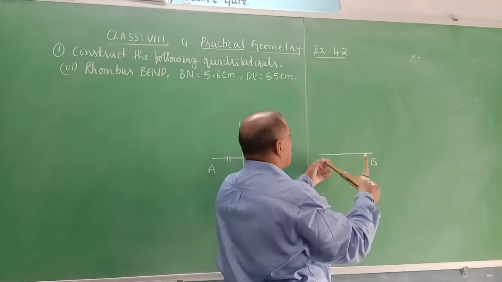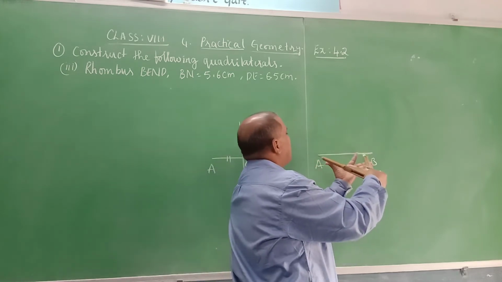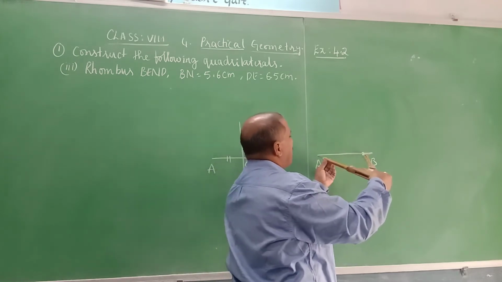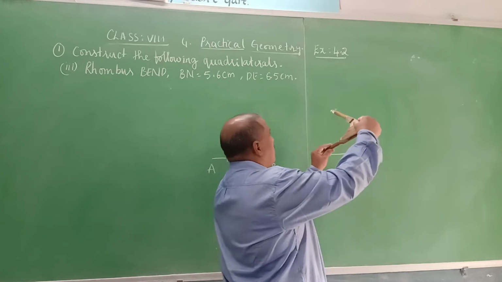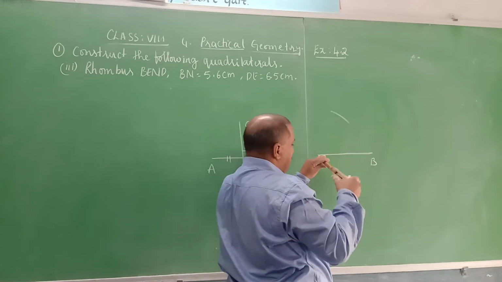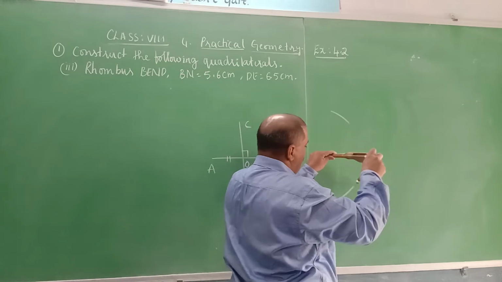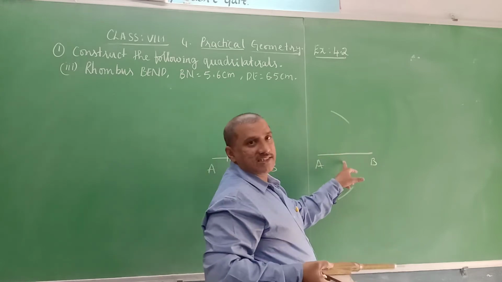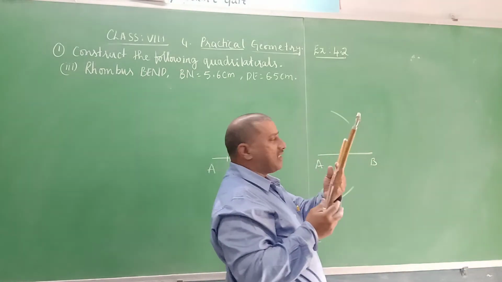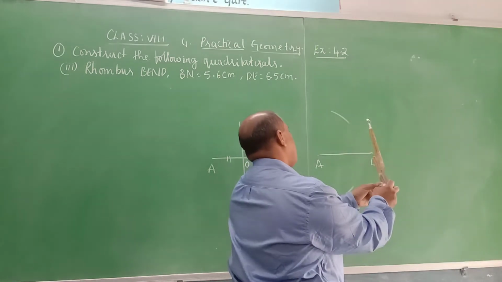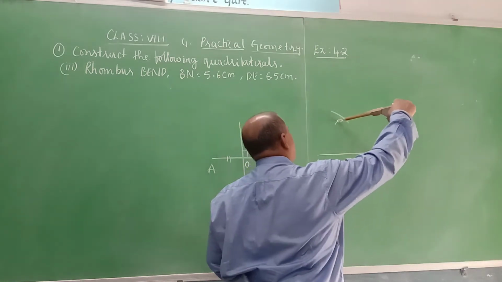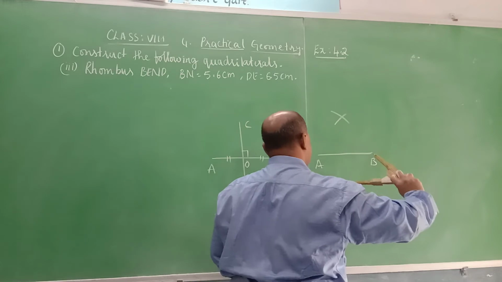So from point A, draw one arc above and one arc below the given line segment AB. Now without changing the radius, from point B cut the previous arcs with the same radius.